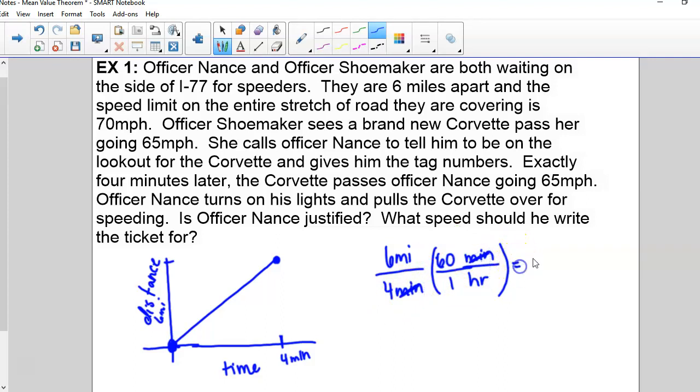So I'm going to have 360 over 4, and that's miles per hour. I'm sorry, not minutes. Miles per hour. And so 360 divided by 4 is 90 miles per hour.